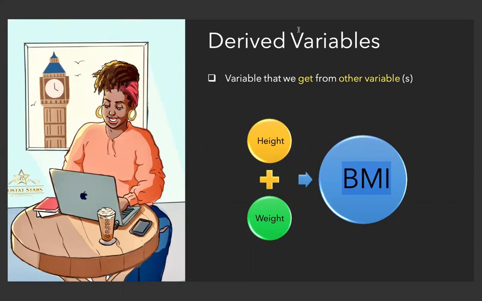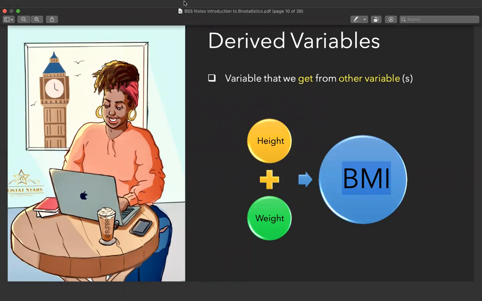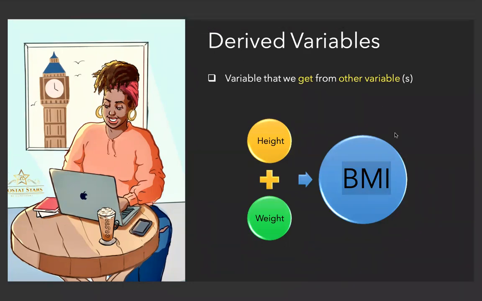Let me get my pen. So when you calculate your BMI, it lets you know if you're underweight, if you have normal weight, if you're overweight, or if you're obese, right?